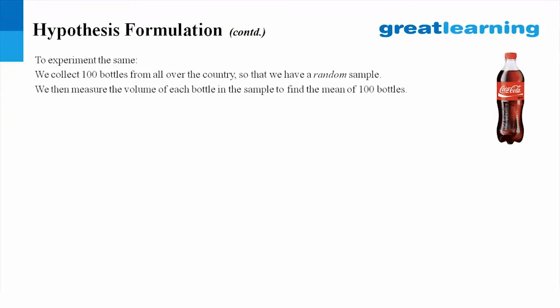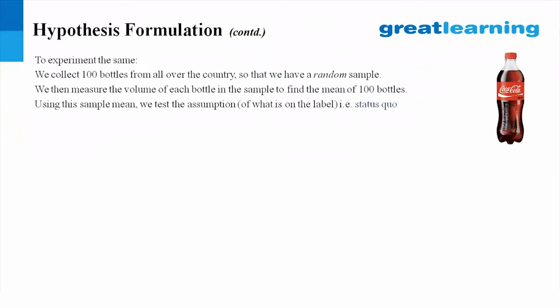So 100 bottles each will have some different quantity, so it's not a perfect place where each of them will have 600 ml, but there will be some volume fluctuations which I'm going to measure for each of the 100 bottles that I'm taking.